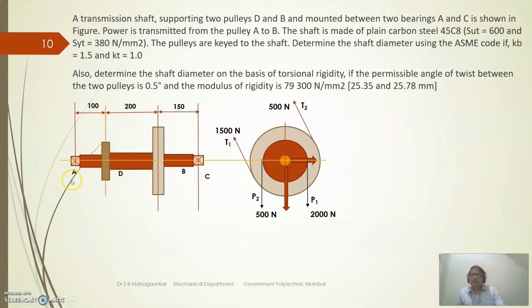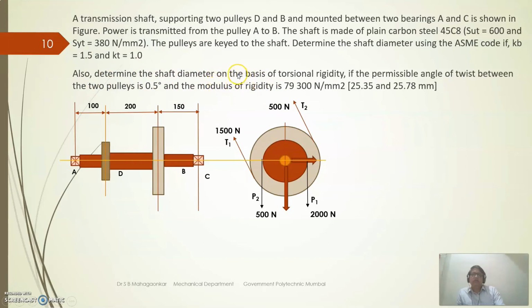Okay, the figure is given, and the second part is to determine the shaft diameter on the basis of torsional rigidity, if the permissible angle of twist between the two pulleys is 0.5 degree and the modulus of rigidity is 79,300 Newton per mm square. So this second part is based on modulus of rigidity.